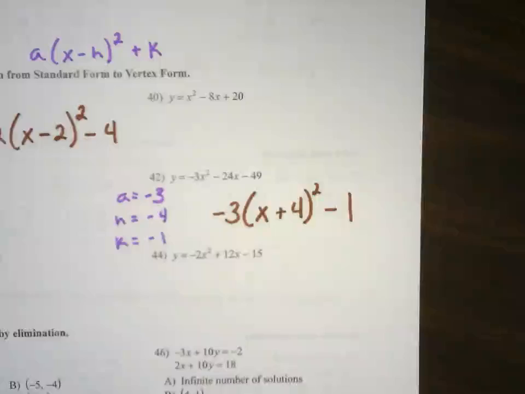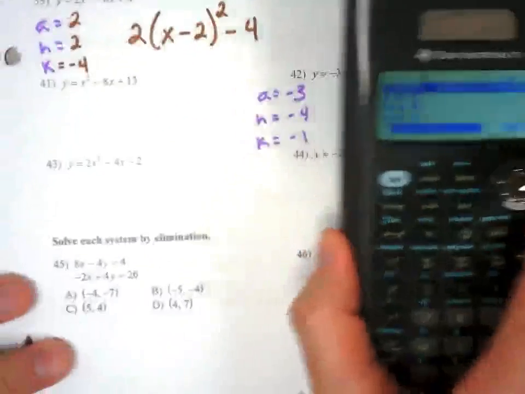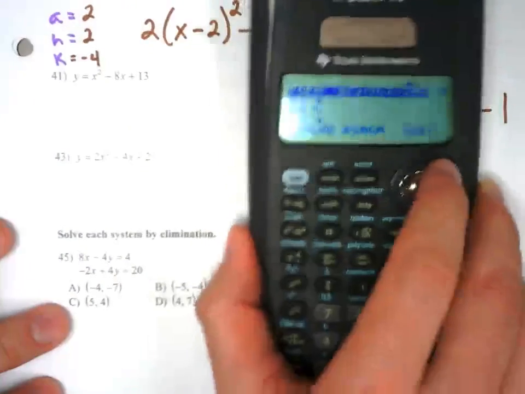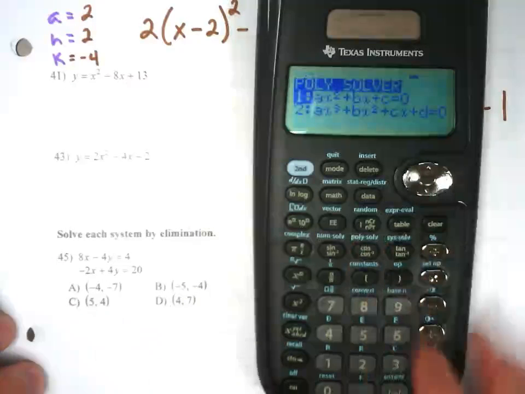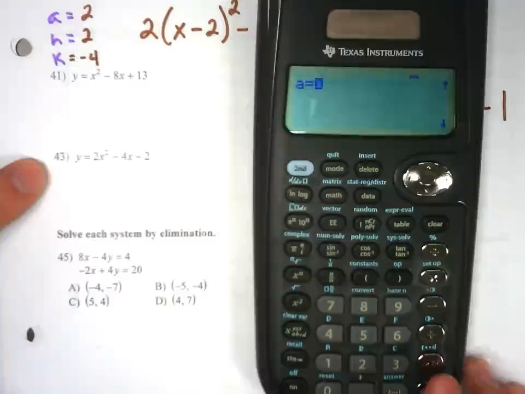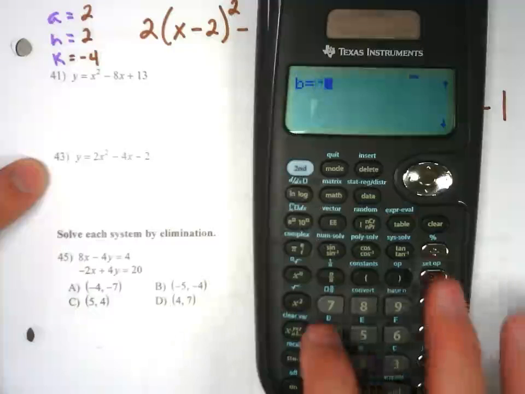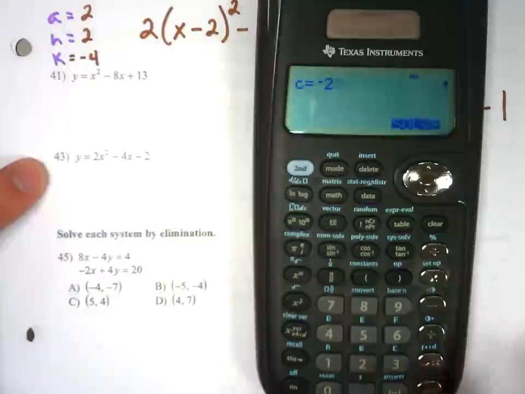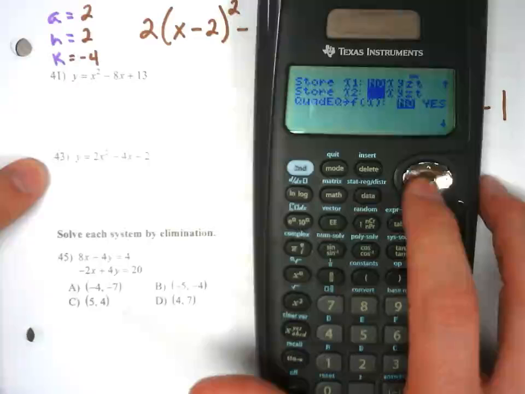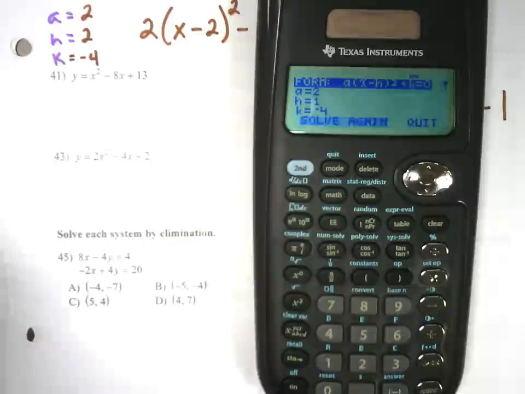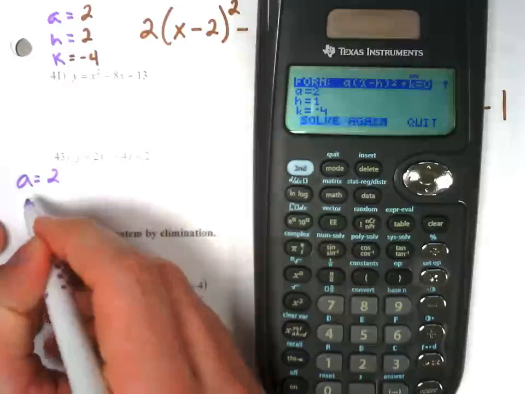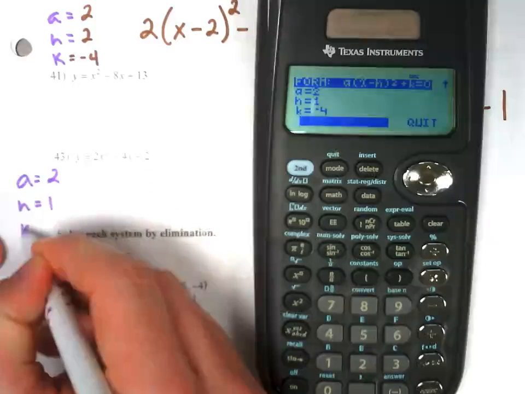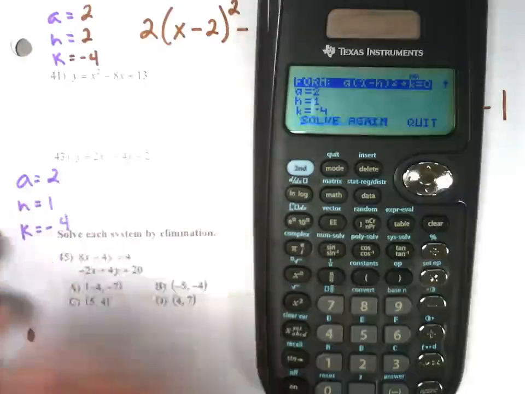I'll do one more. I'm going to do it a little bit quicker to save time. You've kind of seen two examples, so we should be able to run through this pretty quickly. Second polysolve, enter. We're doing 43, so we've got 2, enter, negative 4, enter, and negative 2, enter. Solve, I go all the way down, and I get my A, H, and K. A here is 2, my H is 1, and my K is negative 4.